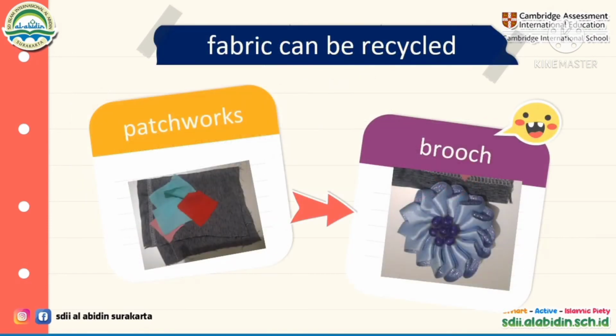So for example, in here we have fabric that can be recycled. We have patchwork. You can use this as a brooch. Mostly the women, the girls, use this patchwork as a brooch, so you can put it on your clothes. So this is fabric that can be recycled too. Do not throw away any fabric.